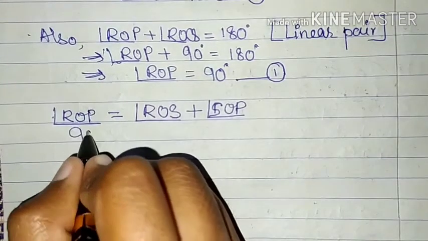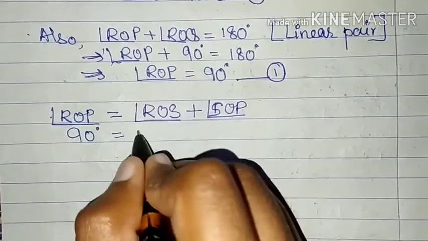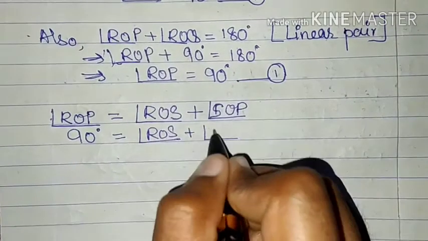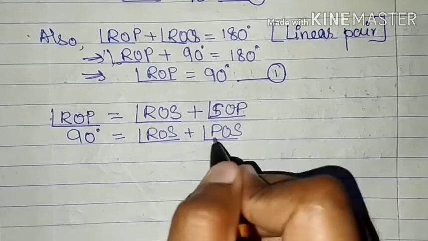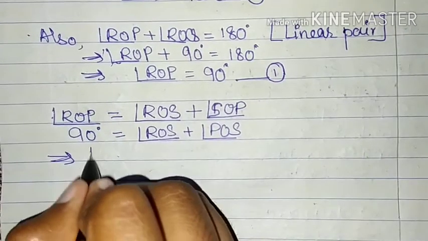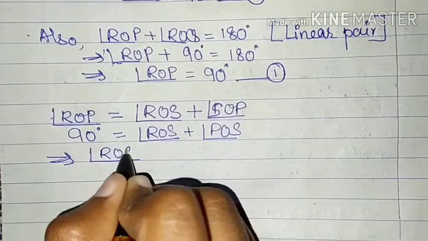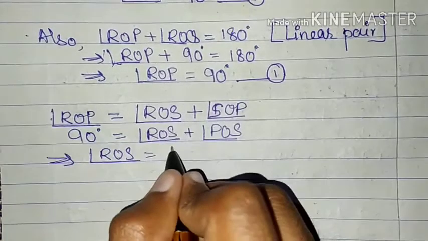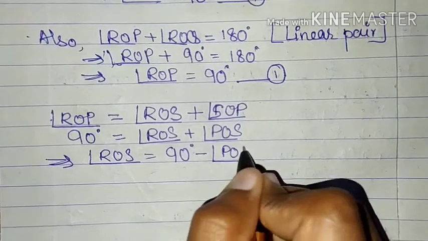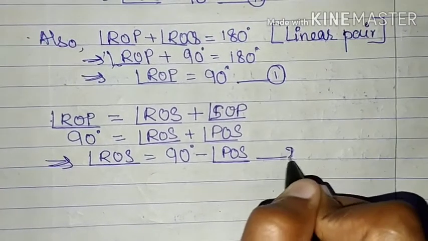We know that ROP is equal to 90 degrees, which is equal to angle ROS plus angle POS, SOP or POS, both are one and the same. This implies on rearranging we get angle ROS is equal to 90 degrees minus angle POS. This is equation 2.